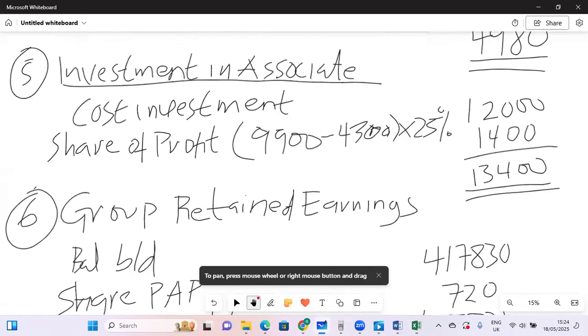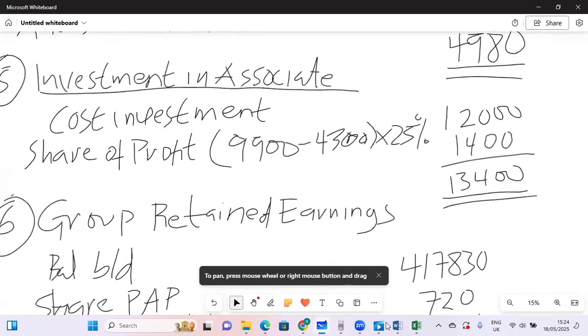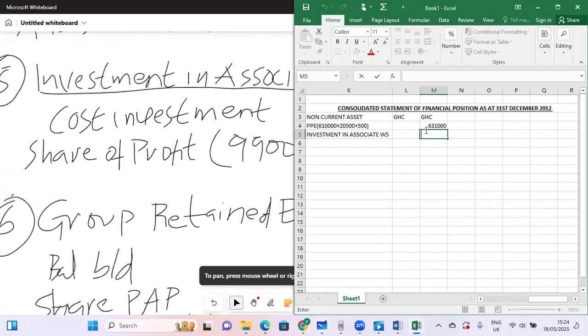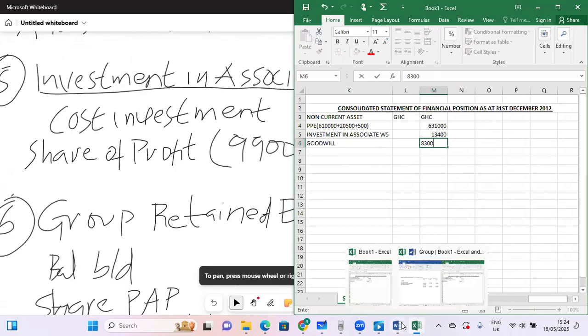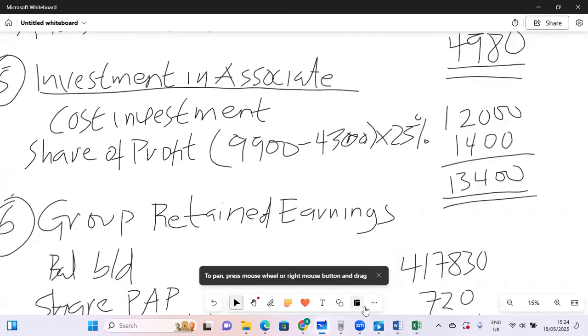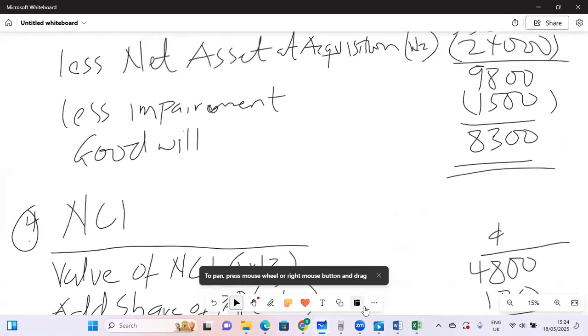Investments in associates, we had 13400. Now we bring in our goodwill. We had goodwill of 8300. That was the workings we had in workings 3.